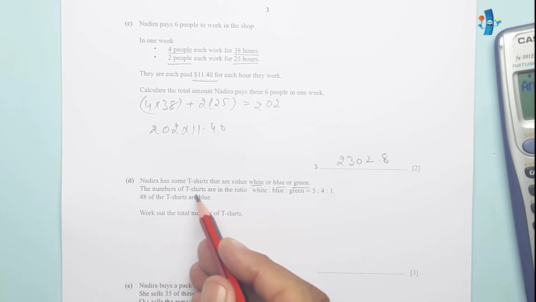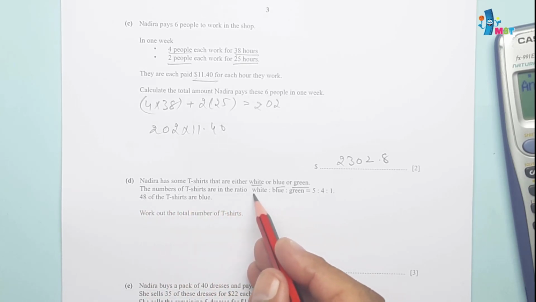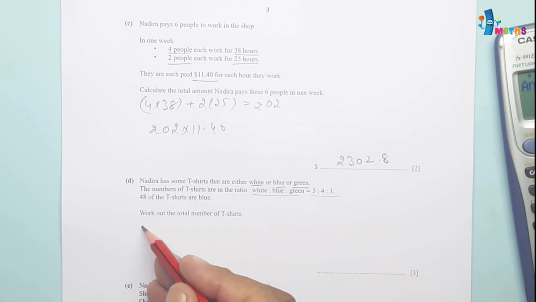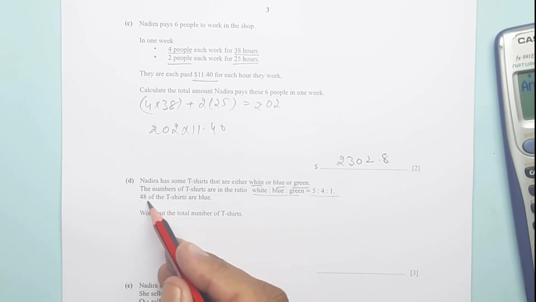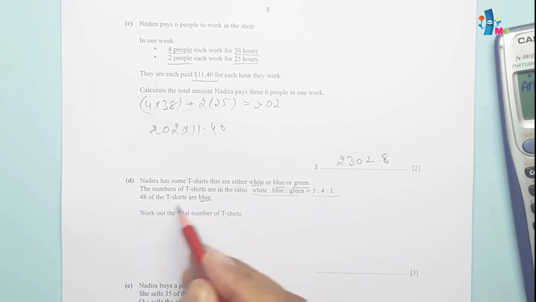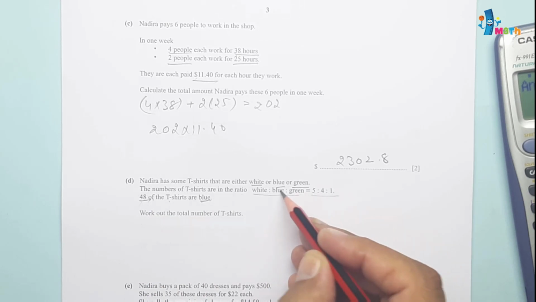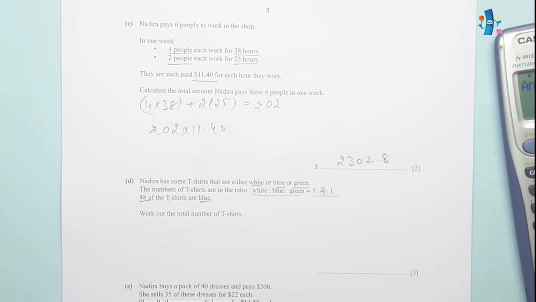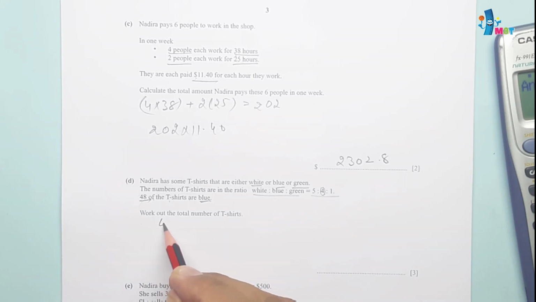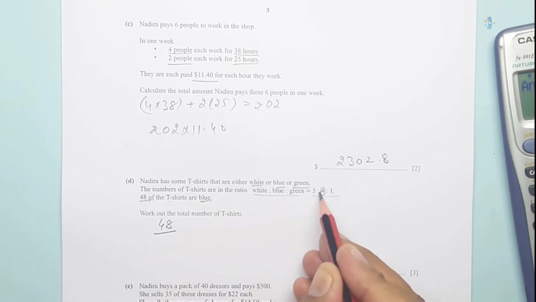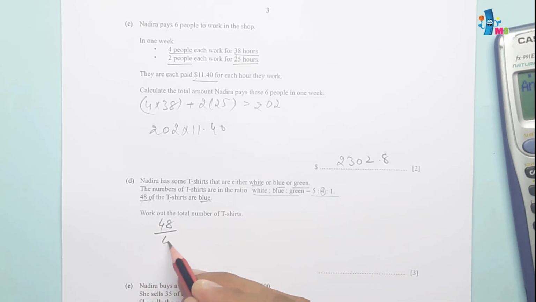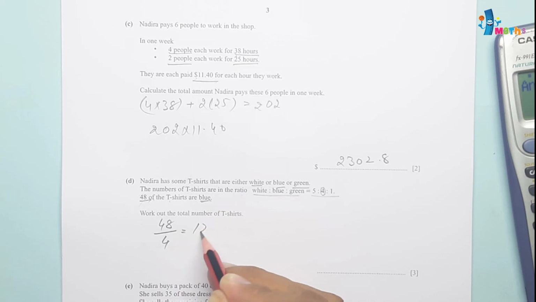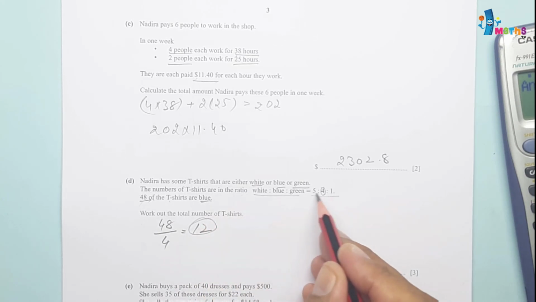Then part D. Nadira has some t-shirts that are either white or blue or green. The numbers of t-shirts are in the ratio of white, blue, green, and this one. 48 of the t-shirts are blue. So 48 are blue means ratio 4 is blue. For unit 1, we'll divide 48 by 4, which is equal to 12. So this is for each unit.